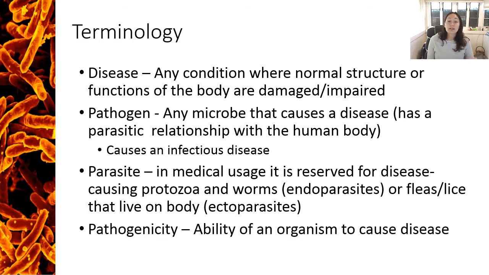Then the last term is pathogenicity, and that's really what we're going to study throughout these chapters, the ability of a microorganism to cause disease. And so obviously not all microbes are pathogenic, and not all of them cause disease. The study of pathogenicity is trying to figure out why one microbe might cause disease while another one doesn't.